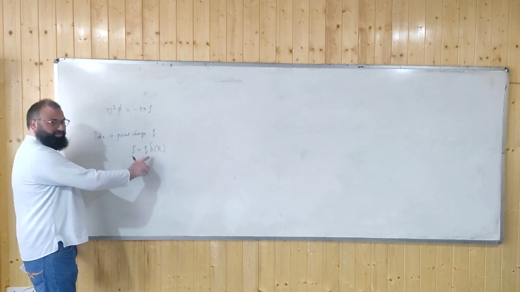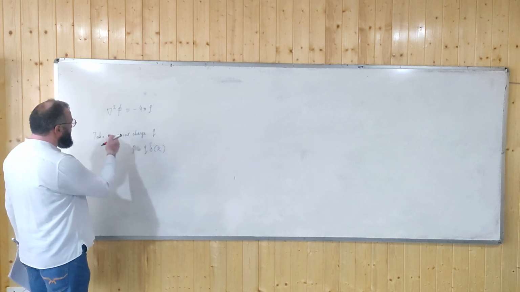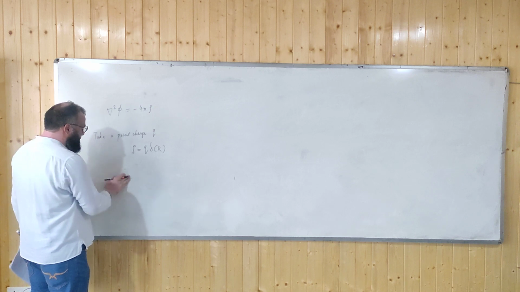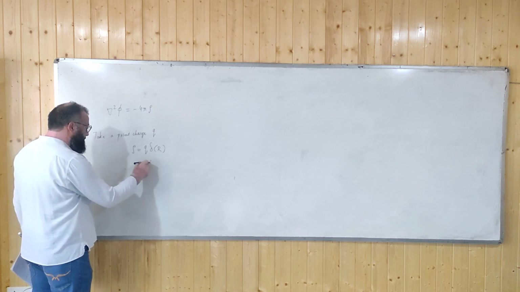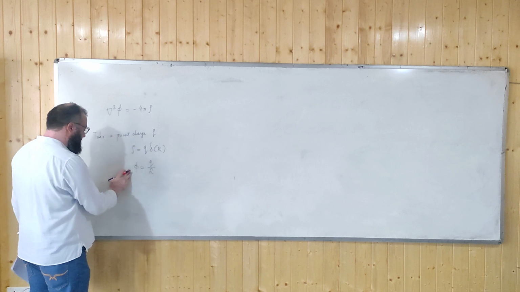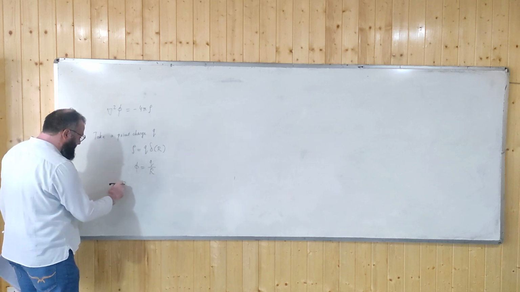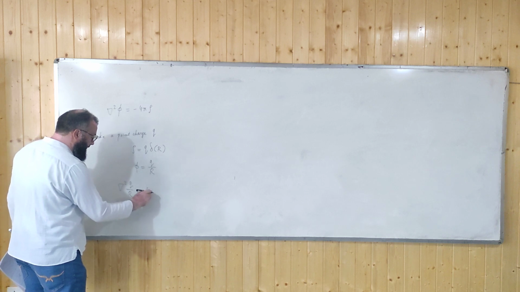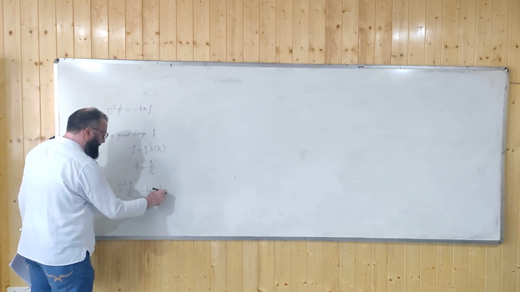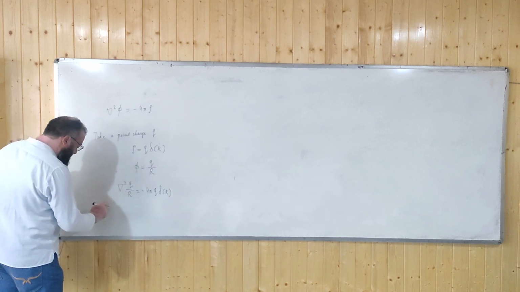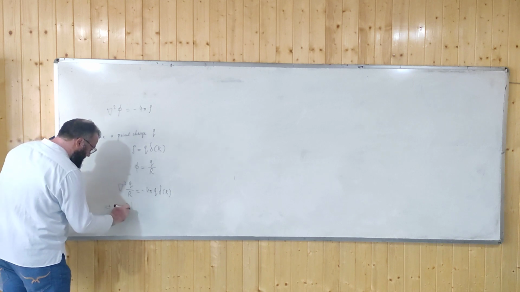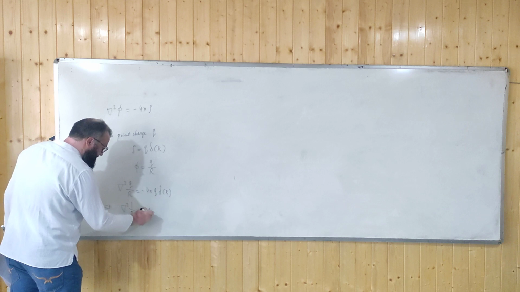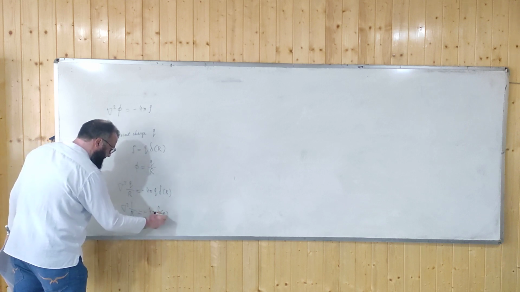Now what is phi for a point charge? Q by R. Is that true? So del squared of Q by R is equal to minus 4 pi Q delta of R. What does it yield? Del squared acting on 1 by R gives me minus 4 pi delta of R.